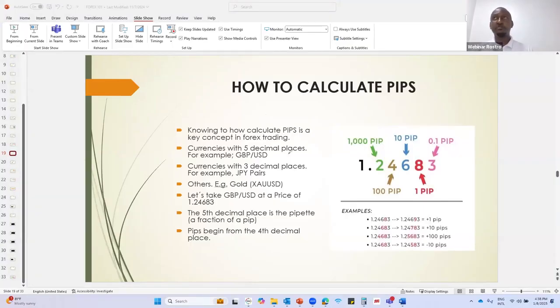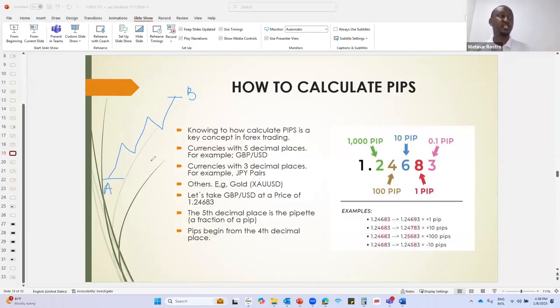So when you're talking about pips, this is a unit of measurement in the financial market, in the Forex market, all right? If the market moved from point A to point B, we will say that the market moved X number of pips, maybe 10 pips, 20 pips, 30 pips, 40 pips, or whichever the number.